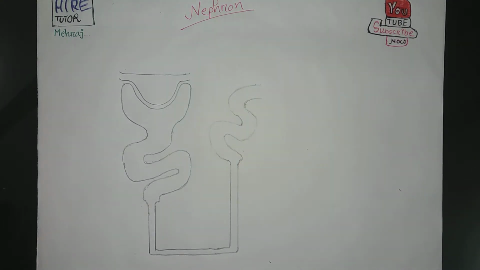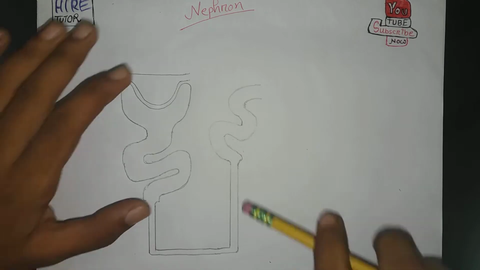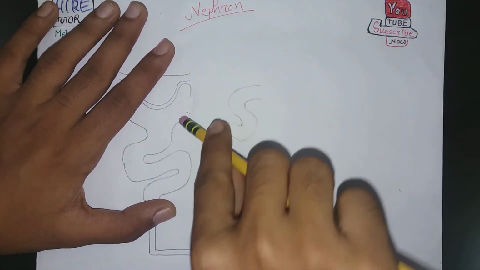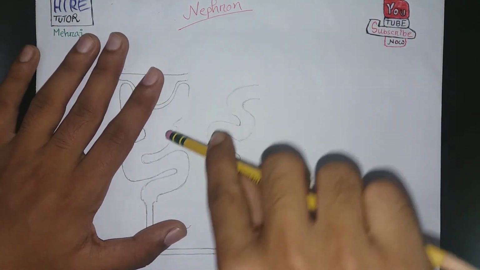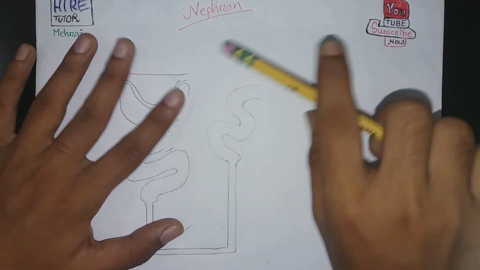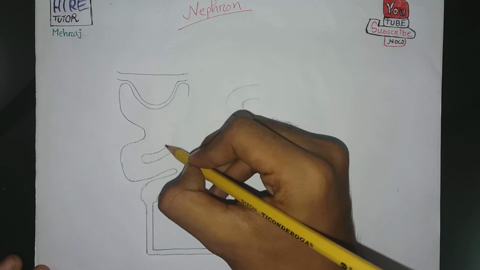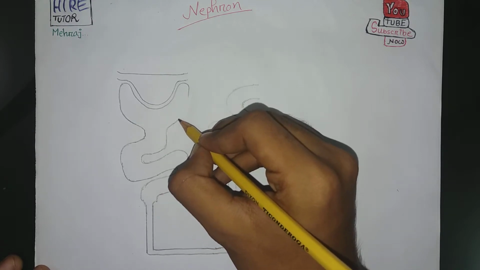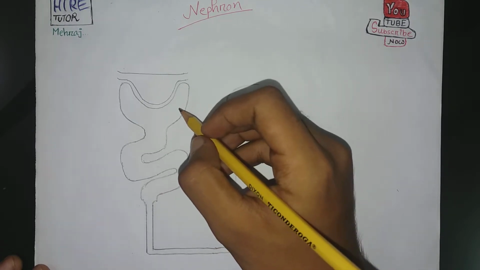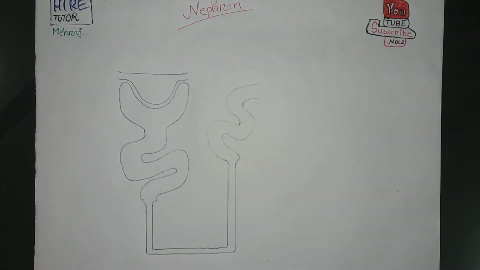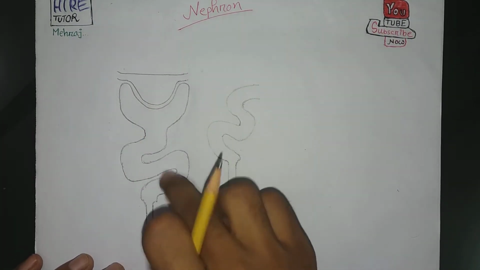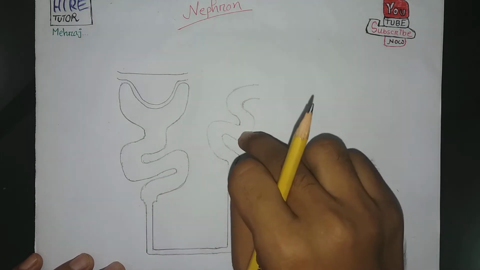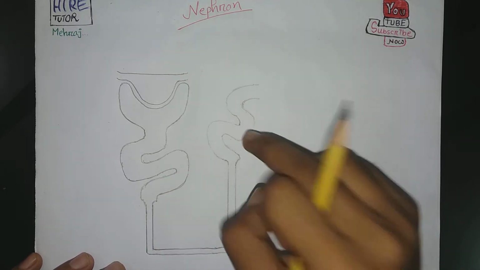Okay, so this is the DCT or the distal convoluted tubule. Well, let me correct the shape of this. This doesn't look good. No, it is not glomerulus, it is the capsular space. So now that's it: renal capsule, PCT, loop of Henle, and this is the DCT, distal convoluted tubule.